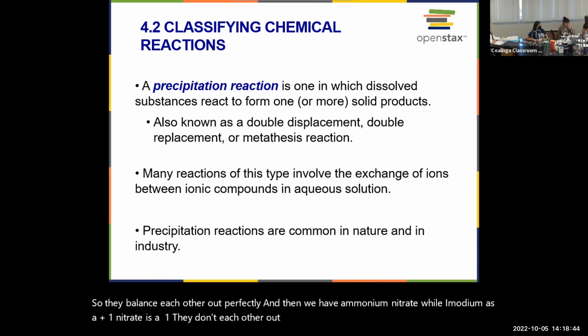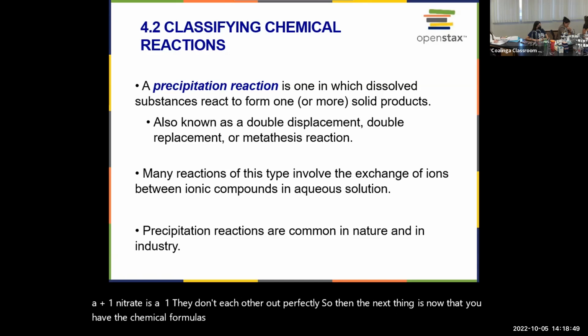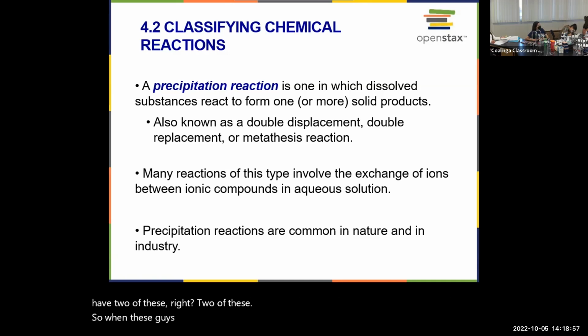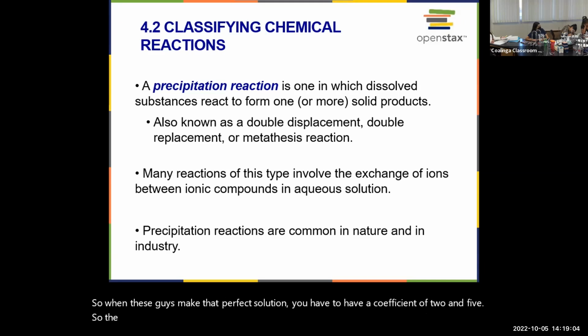So then the next thing, now that you have the chemical formulas correct, is to balance the chemical equations. Right? So we have 2 of these. So when these make that perfect solution, you have to have a coefficient of 2 in front. Okay, so the next part is, because these are aqueous, they're going to dissociate.